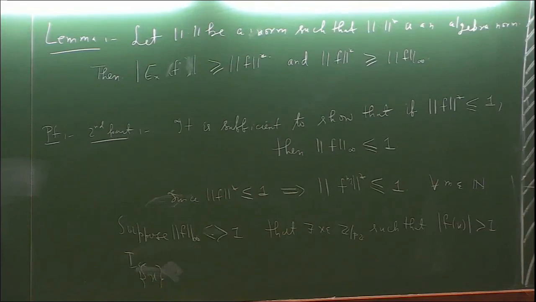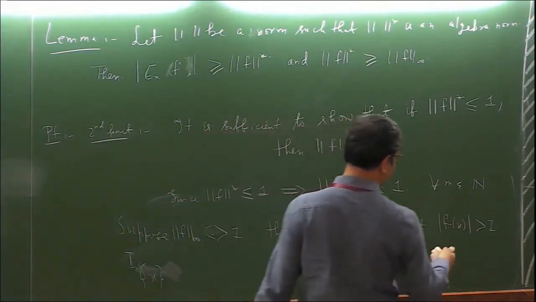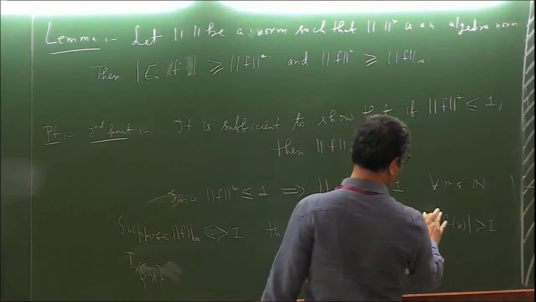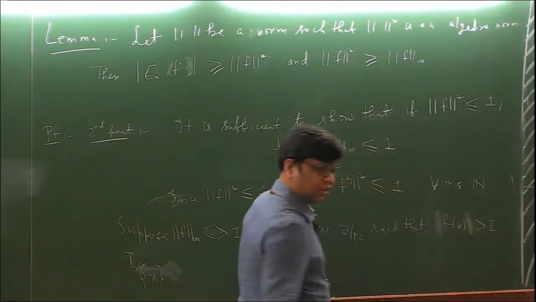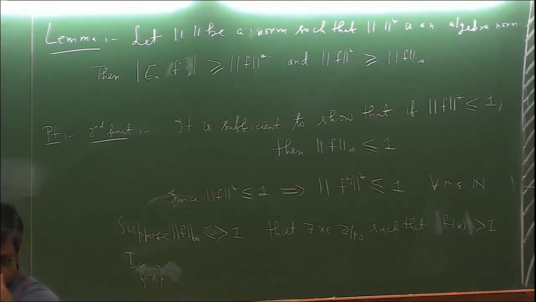Then what will be the inner product? And I can assume without loss of generality, by replacing f by minus f if I wish, that this is actually the case, so that I don't have to worry about the modulus. If I replace f by minus f, then both sides will not change anyway. Doesn't matter.